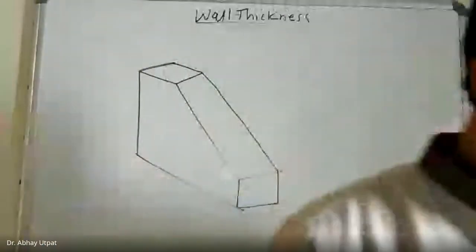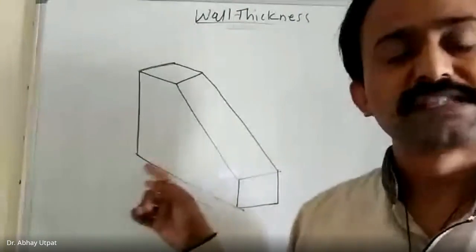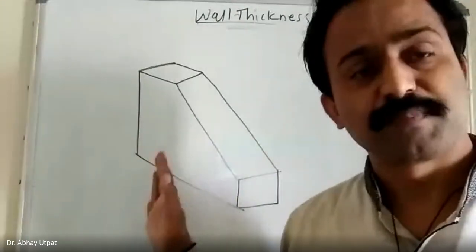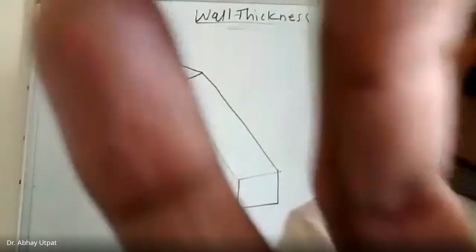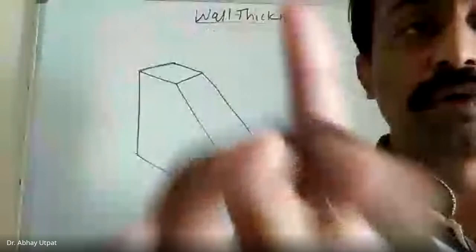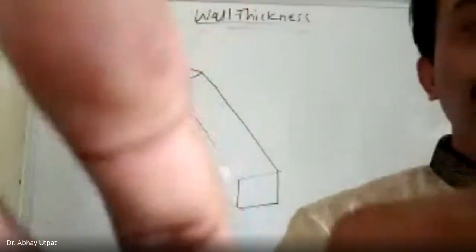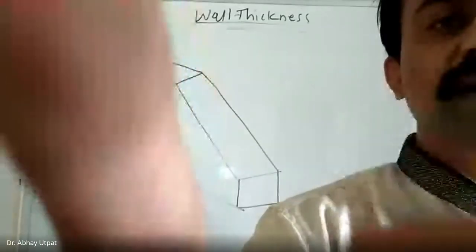Till now, this question is open to you. I don't want to change the outer shape, and I have to keep uniform thickness. I don't want to change the size also. Who will tell this answer? What modification can you suggest?